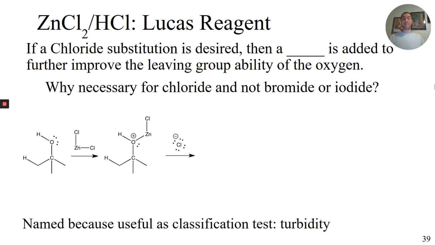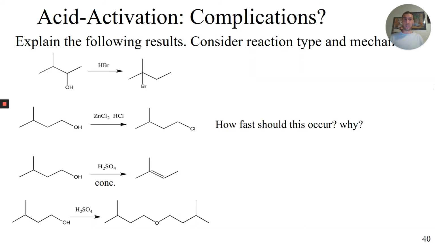That said, classification tests are historically valuable, and that's one of the reasons why we tend to push them on you, and you have to kind of memorize them. I never did, though, just for the record.